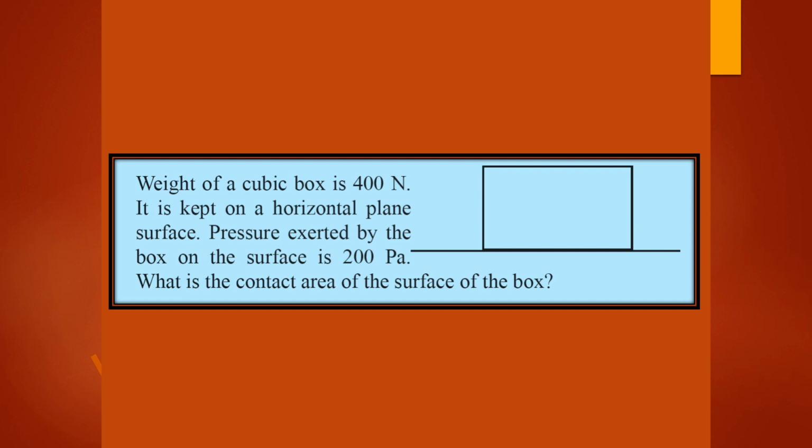Next problem. Weight of a cubic box is 400 newtons. It is kept on a horizontal plane surface. Pressure exerted by the box on the surface is 200 pascals. What is the contact area of the surface? Here perpendicular force is given. Pressure exerted is given.